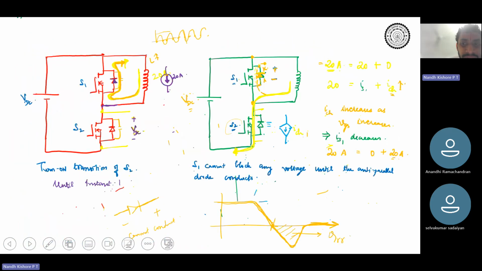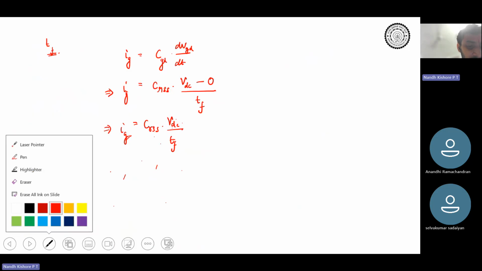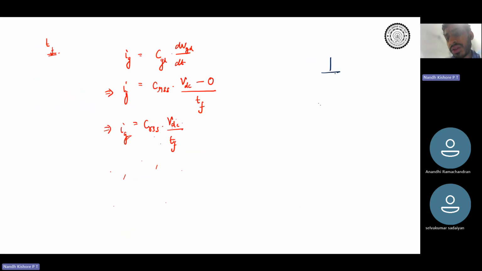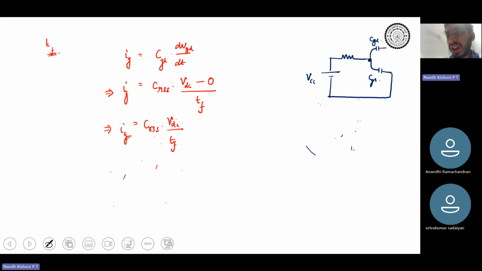So let's draw the circuit. It's going to be VCC, RG, and then there is CGS, there is CGD, right? So this is our circuit. The voltage between gate and source remains at V Miller throughout.